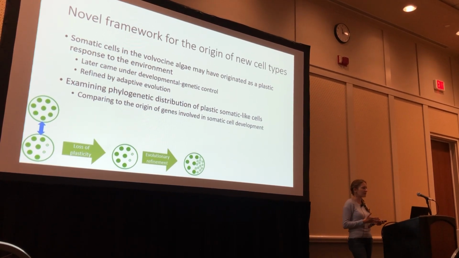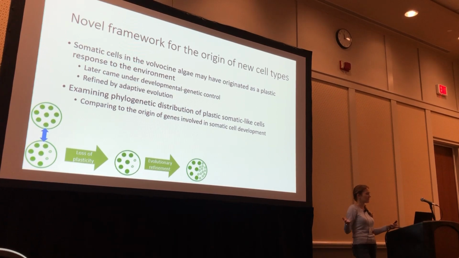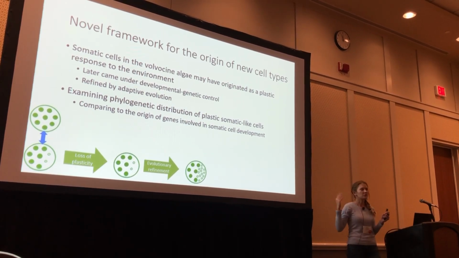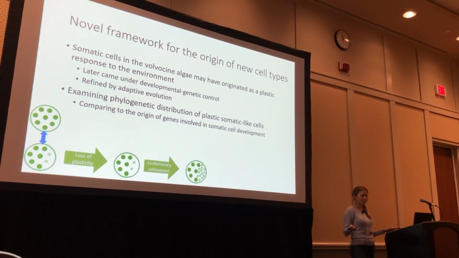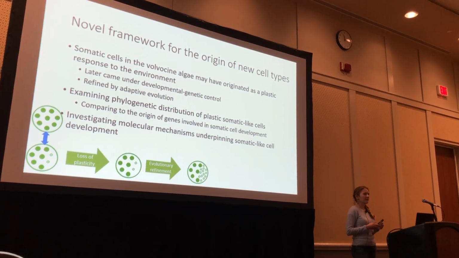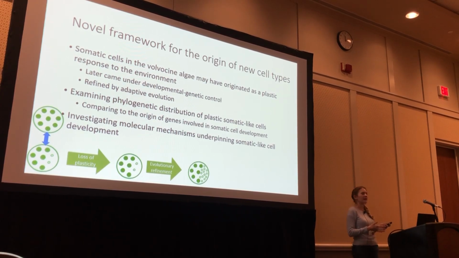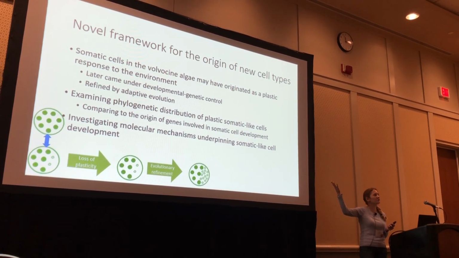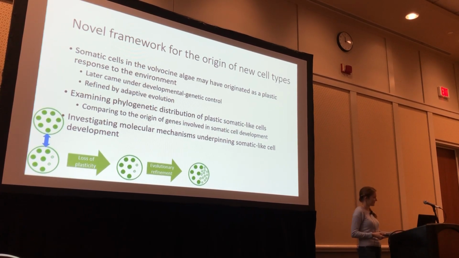I'm currently examining the phylogenetic distribution of the somatic-like cell phenotype, and I can then compare this to the origin of the genes involved in cellular differentiation in this clade. Additionally, I'm examining the molecular mechanisms underpinning somatic-like cell development, and I hope to talk to you more about these last two at a future evolution conference.